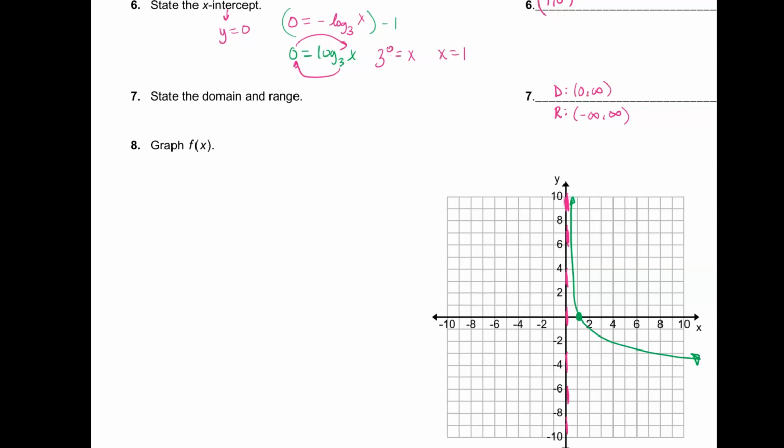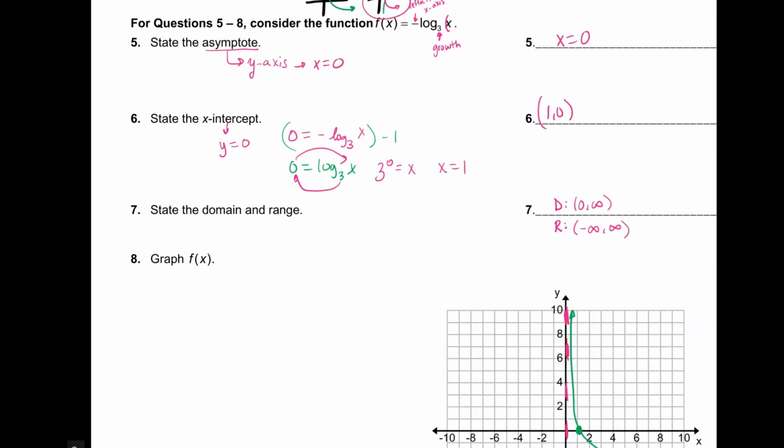When you're plugging it in, let's say you're plugging in 2, would it be like 3 to 0? So you can plug in 2, so f of 2 is equal to negative log base 3 of 2, right? So you say y is equal to negative log base 3 of 2.